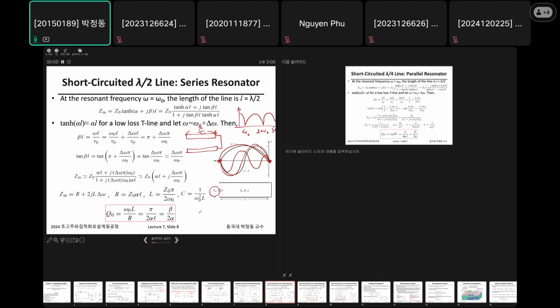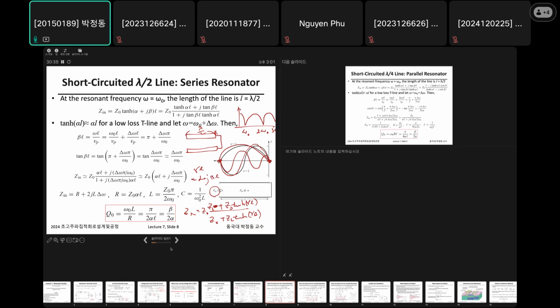Z in equals Z naught times (Z L plus Z naught tanh gamma L) over (Z0 plus Z L tanh gamma L). Here gamma L is alpha plus j beta L.